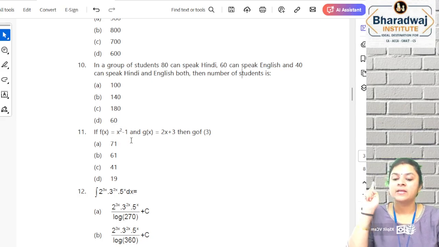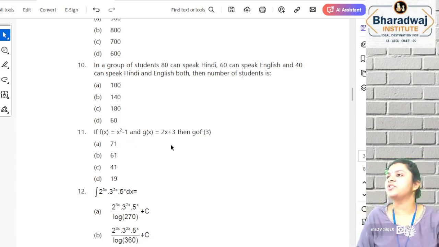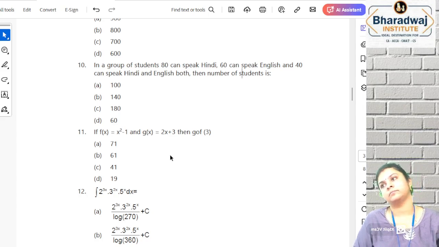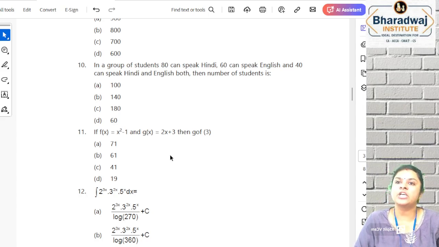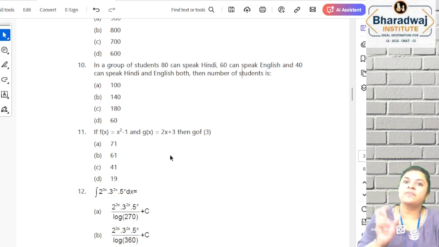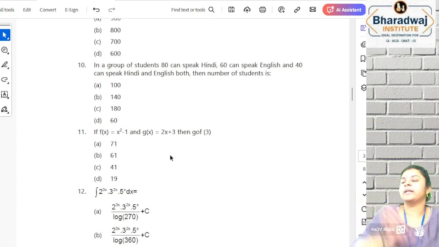Substitute 8 in the second equation, G. That gives 19. Okay. GOF is G of f of 3. If they ask you f of G of 3, then what you will do? First find G of 3, then substitute that in f.